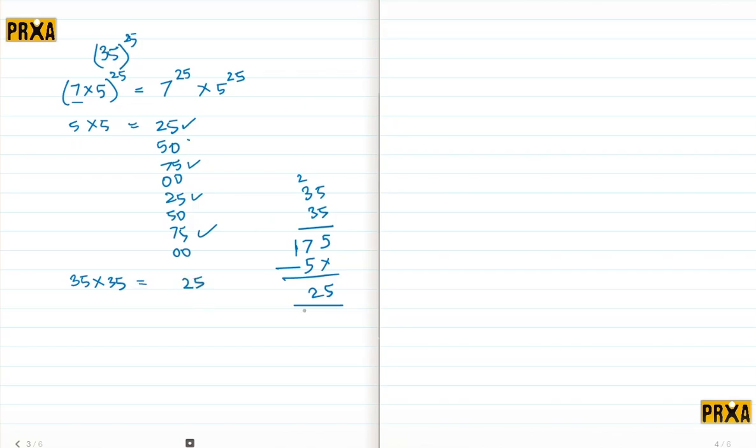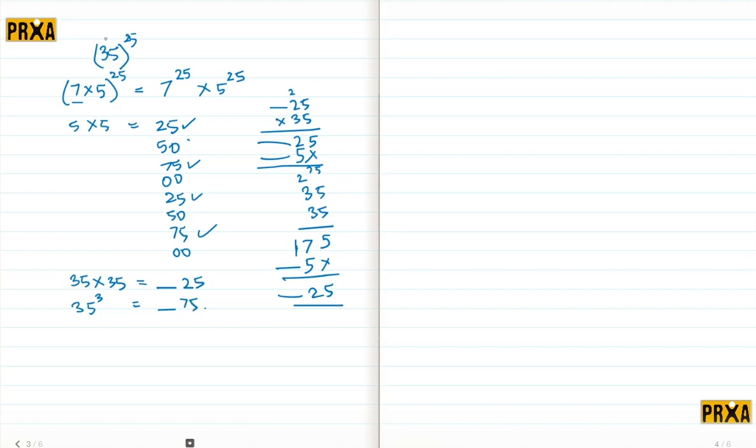But if I multiply this answer, let's say my answer 35 times 35 is dash 25, by another 35 to compute the last two digits of 35 cube, I get 5 times 5, 25, carry 2, 5 times 3, 15, and 15 plus 2 is 17, I don't care what is here, and I can ignore the rest and I get 75. So 35 squared has last two digits 25, but 35 cube has last two digits 75.